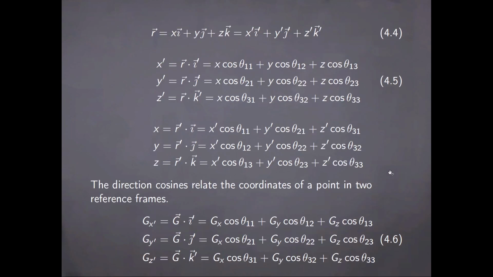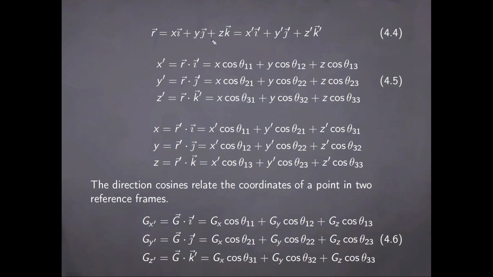The radius vector of any given point will have a set of components in the laboratory frame, but alternatively we can also write its components in the primed coordinate system.